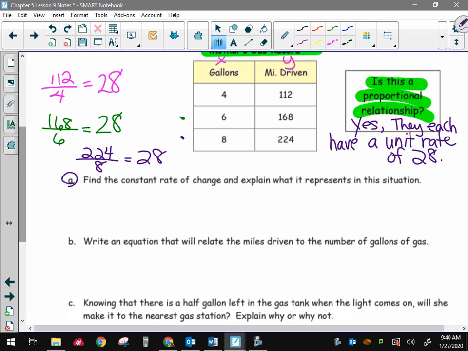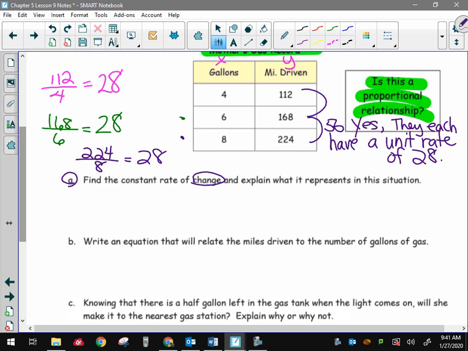A. Find the constant rate of change. When you see the word change, it indicates you're going to have to do what? Subtract. So let's subtract these. What's 224 minus 168? 56.